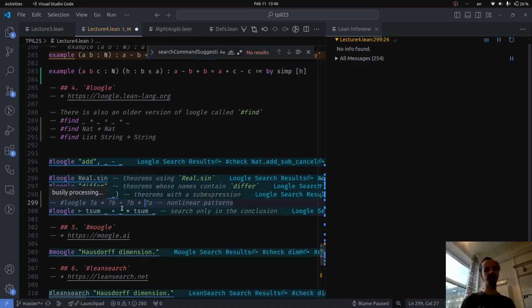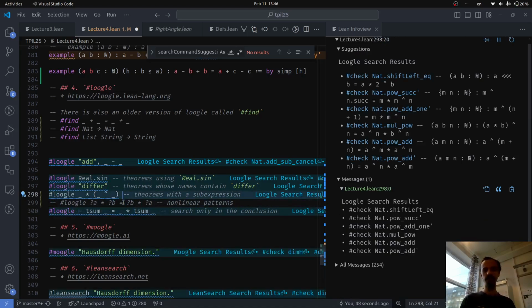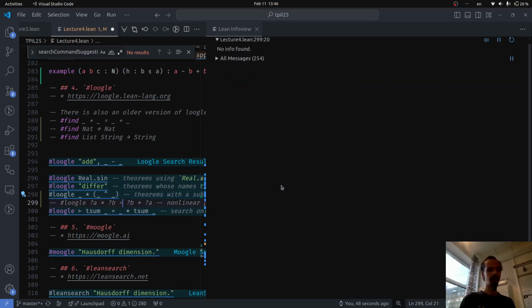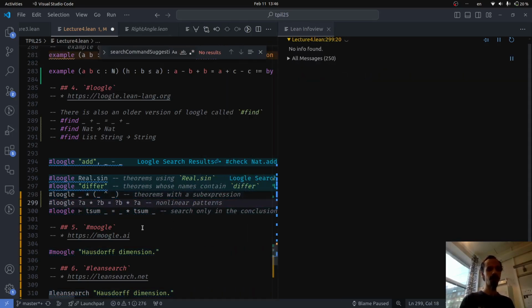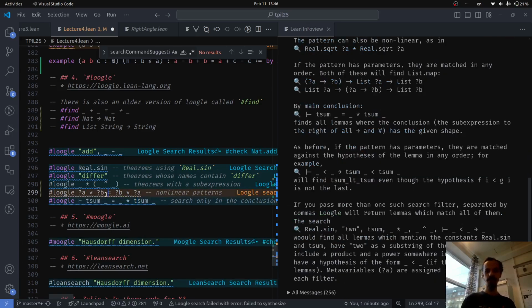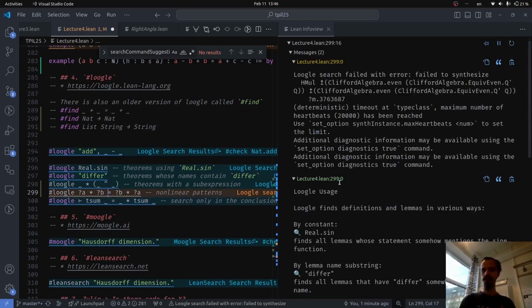If I'm trying to find some kind of pattern, this looks good. So here, notice that this times the power occurs in all of these theorems. You can search for like, here I want a commutativity result. I'm not sure whether this will work, but I think it timed out. Oh no, wow. Oh yeah, no, it timed out.